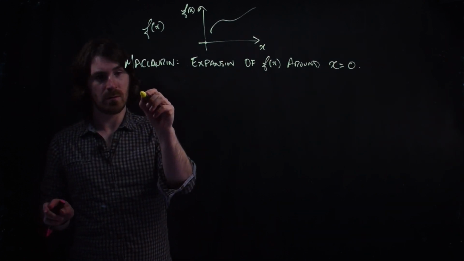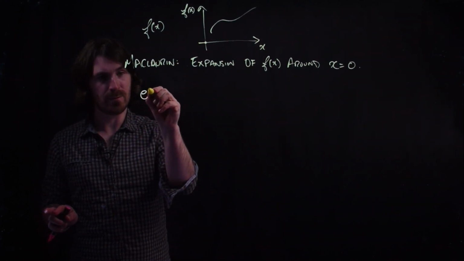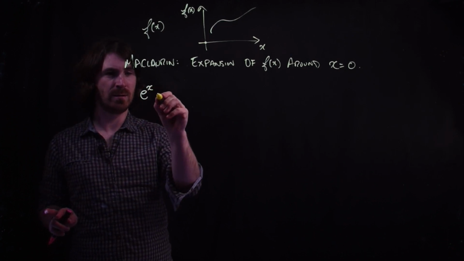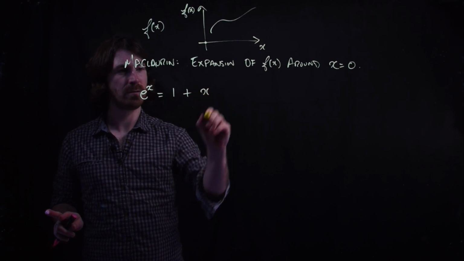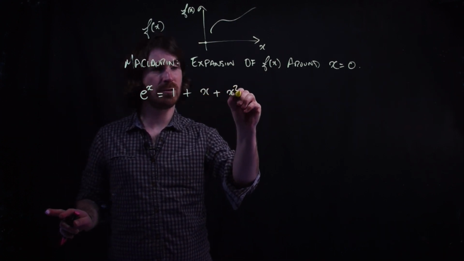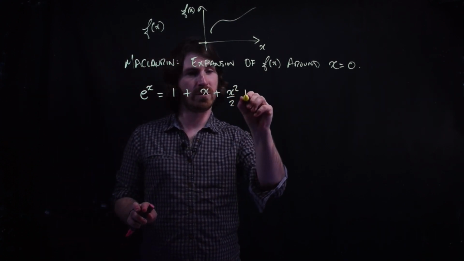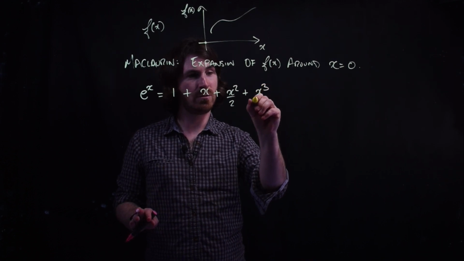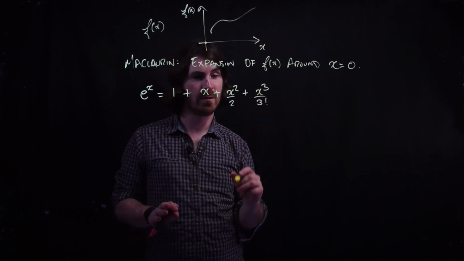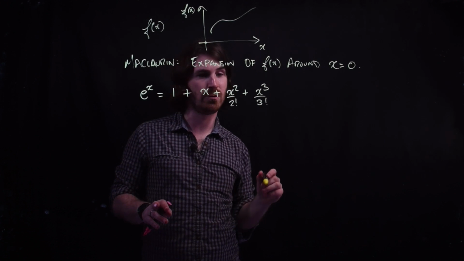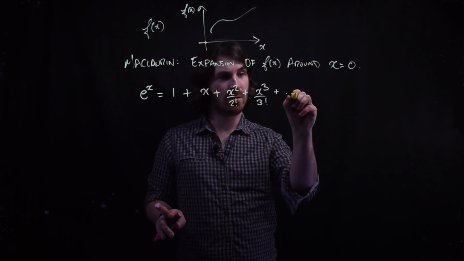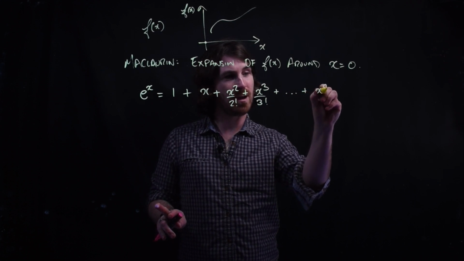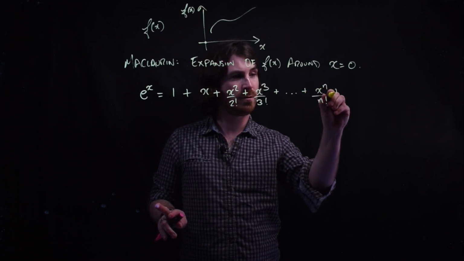So for example, if the function is e to the x, then the Maclaurin series for this is 1 plus x plus x squared over 2 factorial plus x cubed over 3 factorial, and so on, plus x to the n over n factorial.